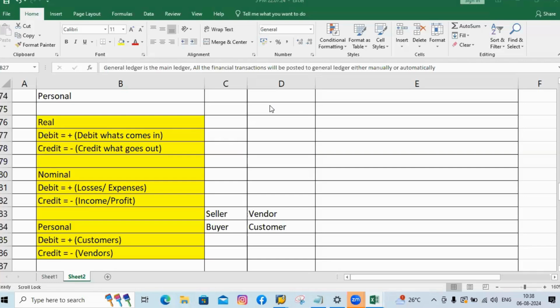My question: after posting a transaction, I want to see a report. Suppose I have posted rent, I want to see how much value is in the rent account, or I need to see each and every transaction of the rent account for the period of July or August or the complete 2024 financial year. How to do it?